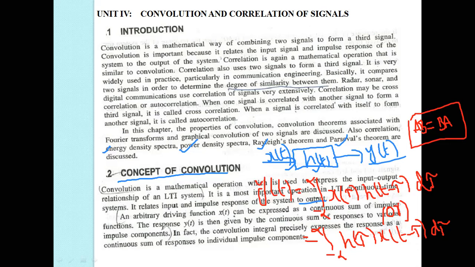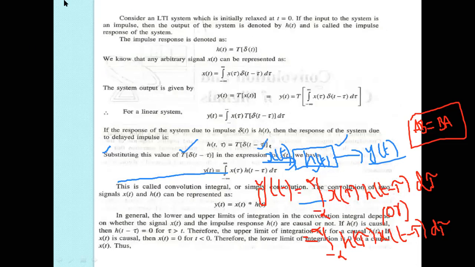Let's see that one. So what is the equation we have here? y of t is equal to integral from minus infinity to infinity x of tau delta of t minus tau. What is delta of t minus tau? It is nothing but the impulse, on which the system can perform the operation to get the impulse response.